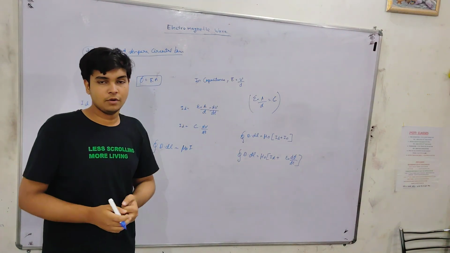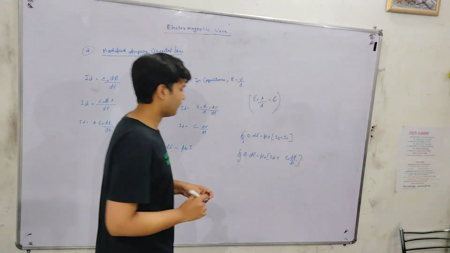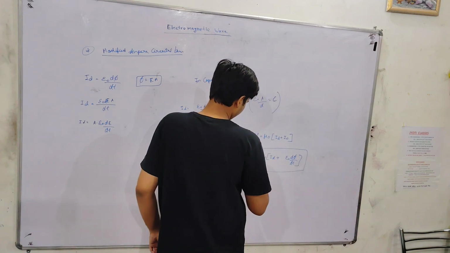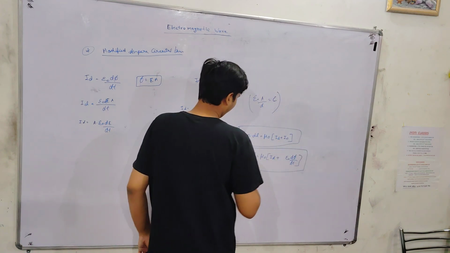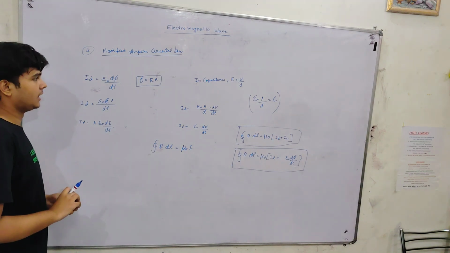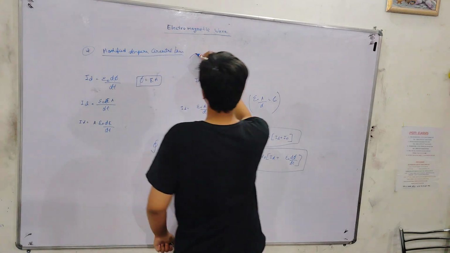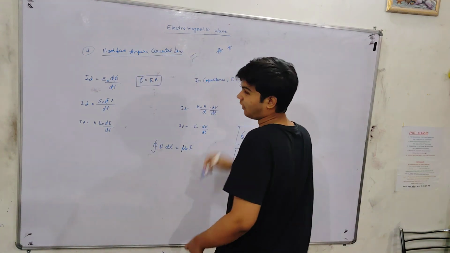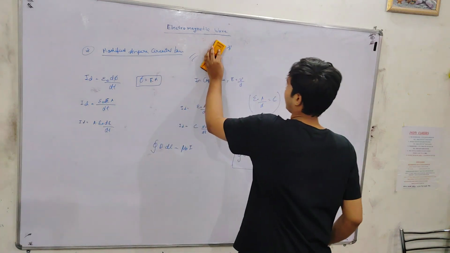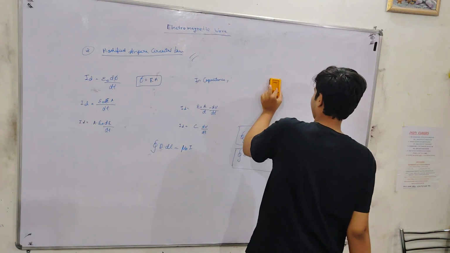Value of epsilon naught we know is a constant term. These are the two formulas of modified Ampere circuital law. This is the derivation of modified Ampere circuital law, which will come in exam, as this is the important topic of this chapter. This is the only derivation in this chapter, so it will obviously be asked.